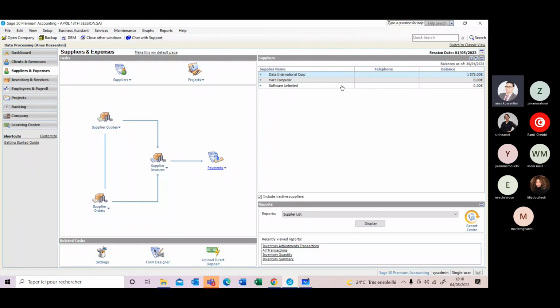I have just one thing to discuss with you with respect to the foreign transactions, the transactions in foreign currency. I would like to show you how to record transactions using a foreign currency, and then we close the session. So we take just a break of 10 minutes and we go back afterwards.